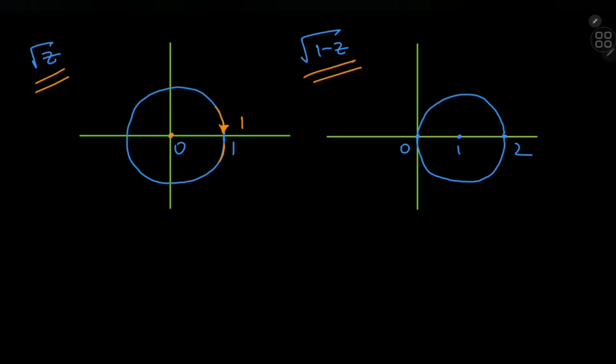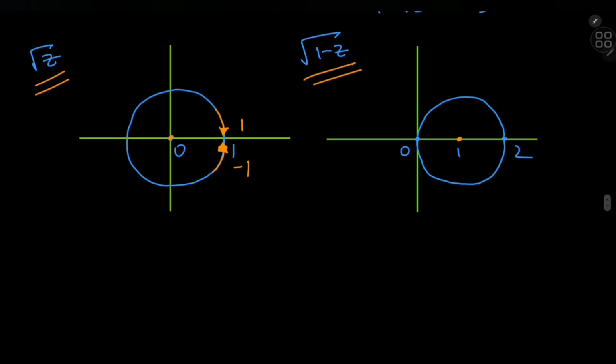But if I approach it from below, I get -1 because of the phase factor of e to the i pi. Okay, cool. And for the case of square root of (1 minus z), I have this branch point at z equal to 1, and if I approach z equals 2 from the upward sense and from the upward direction, then I get square root of (1 minus 2), which is i.